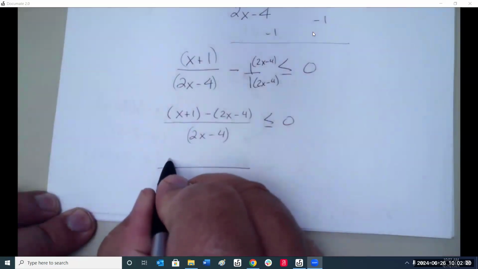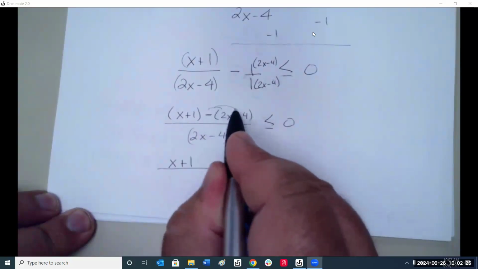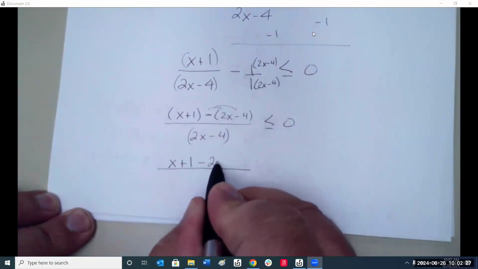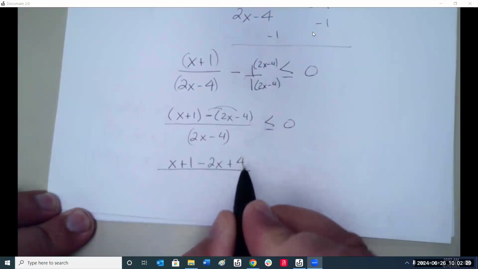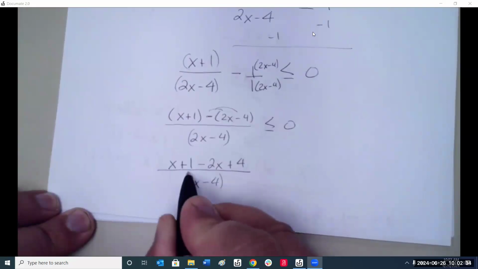We can drop the first parentheses. There's no coefficient, but this negative changes the signs inside there. So we have minus 2x plus 4 over 2x minus 4.